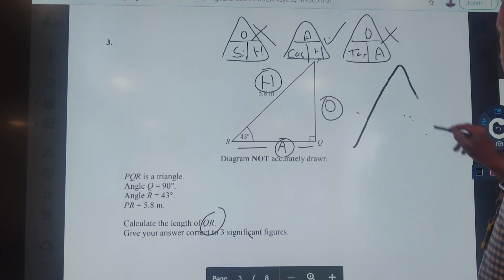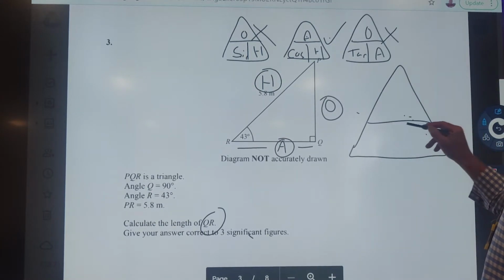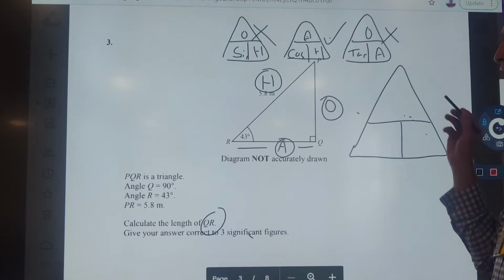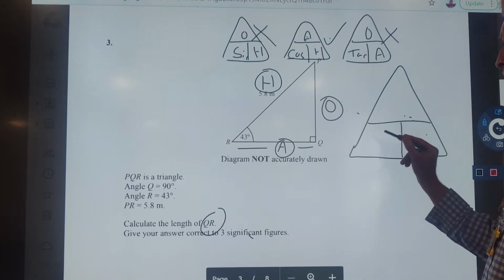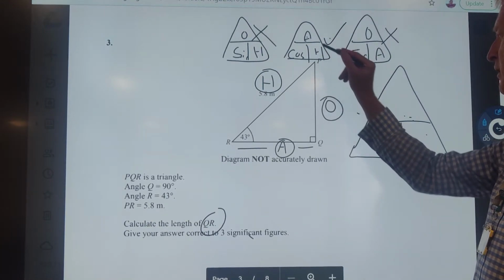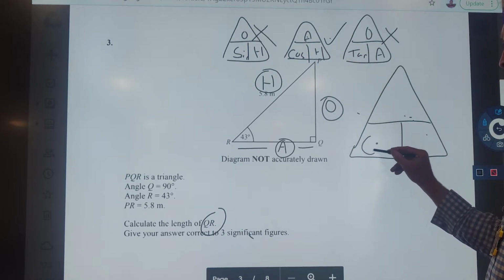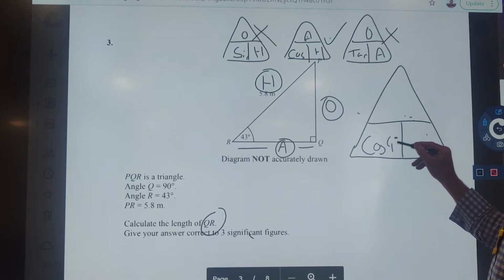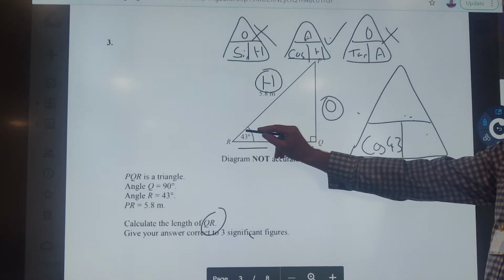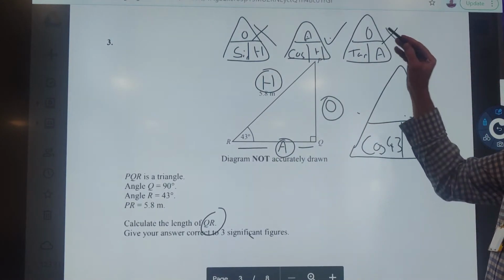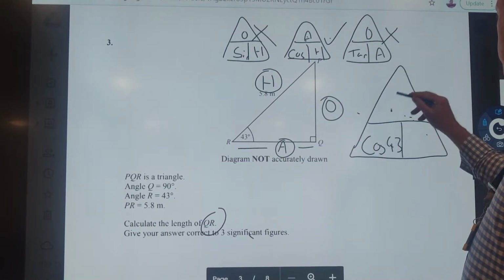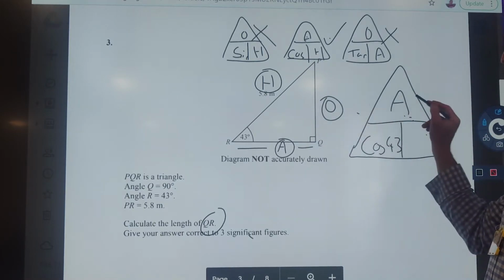What I do on these questions is fill in the gaps I've got now. So I've got the cos of my angle, that's the cos of 43, the angle I'm given in the question. My adjacent side I don't know, that's what I'm trying to find, so I'm going to put an A in there.